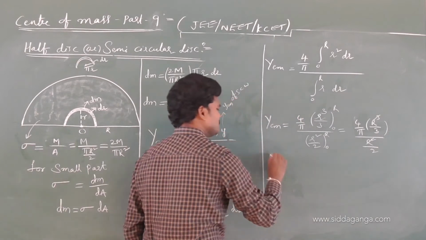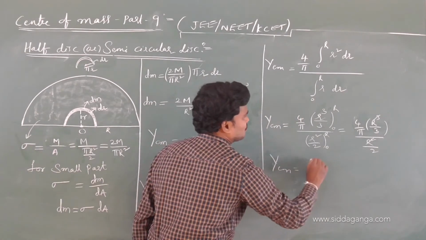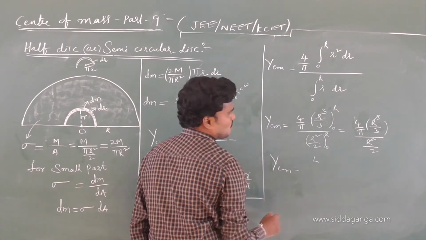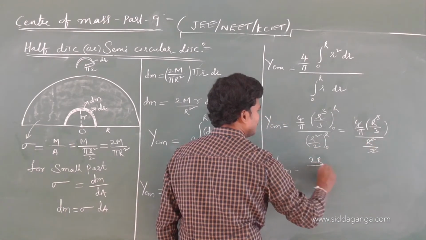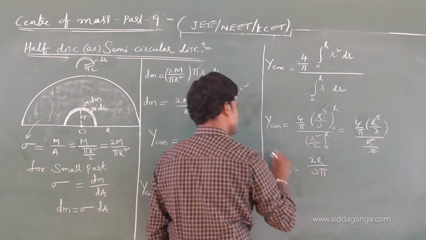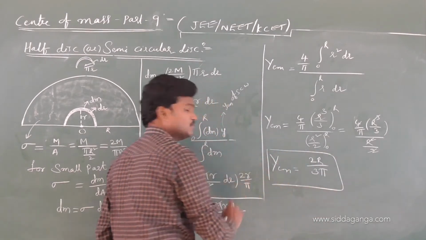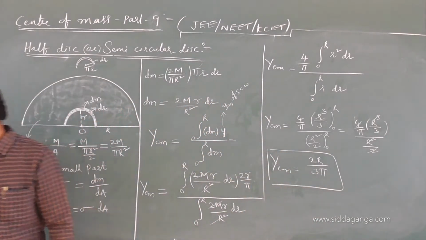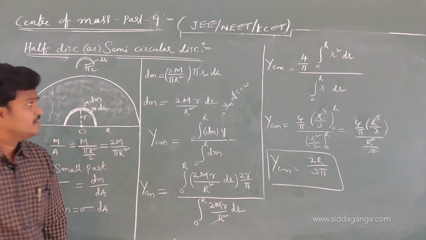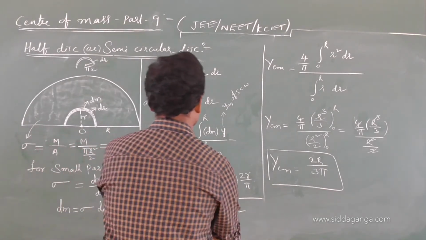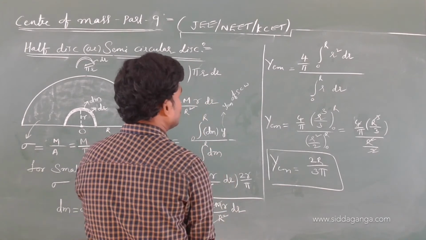Now check the answer: 4, so this is 2R by 3 pi. Verify the calculations. The given answer is 4R by 3 pi. Anywhere is 2R missing?